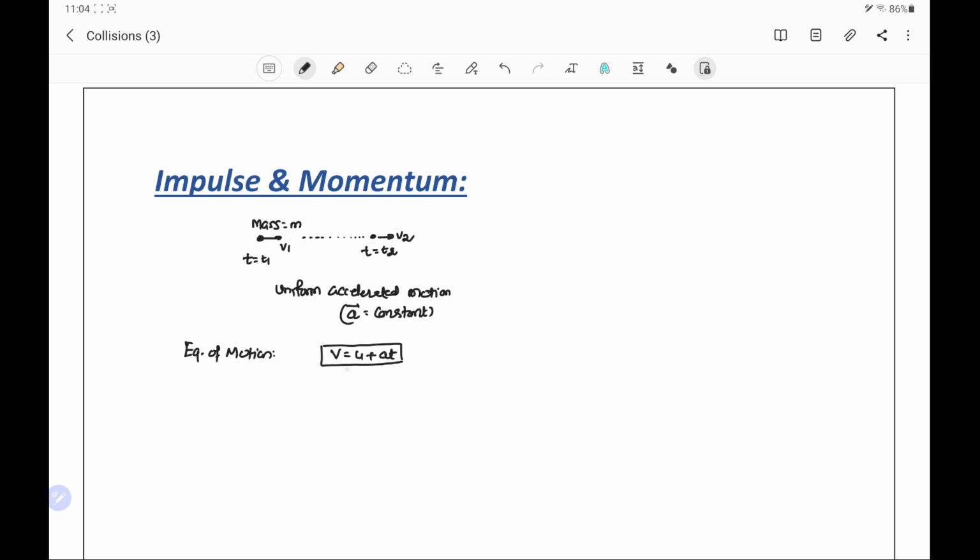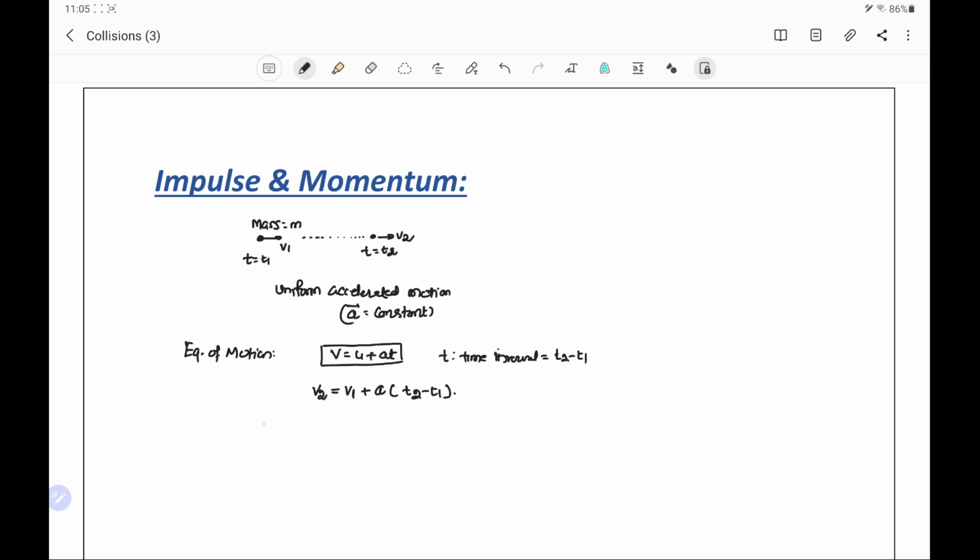Substituting the values in this equation, we get v2, the final speed at time t2, equal to v1, the initial speed, plus a, the acceleration, times the time interval in which the body is accelerated. The time interval will be t2 minus t1, so we can put here t2 minus t1.